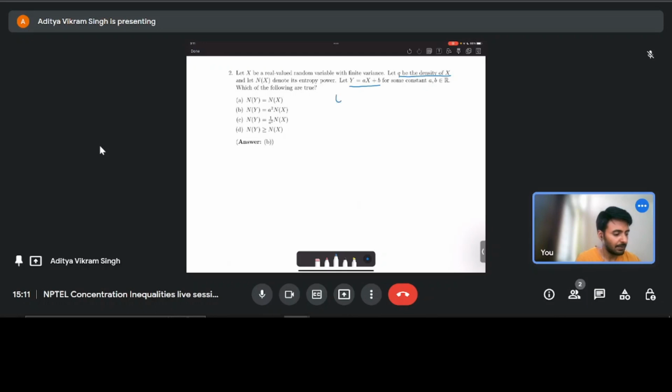Okay, so let the density of y be h(y). We want to compute h(y) in terms of q. So what is the probability that y is less than or equal to y?